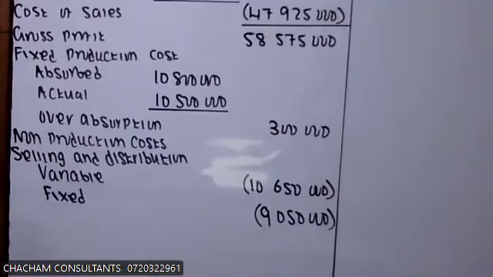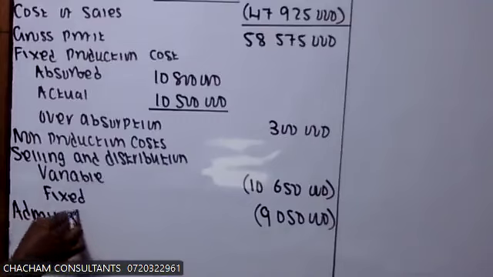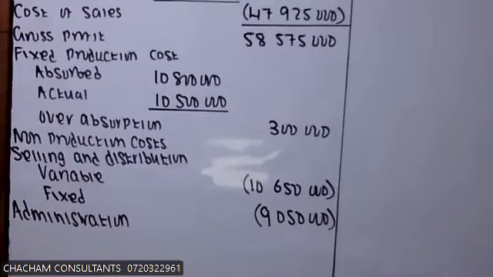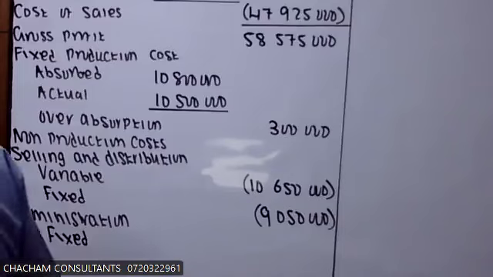Then we come to the administration. You can see there is a cost of administration. We do not have the variable, but we have the fixed, which is 12,300,000.